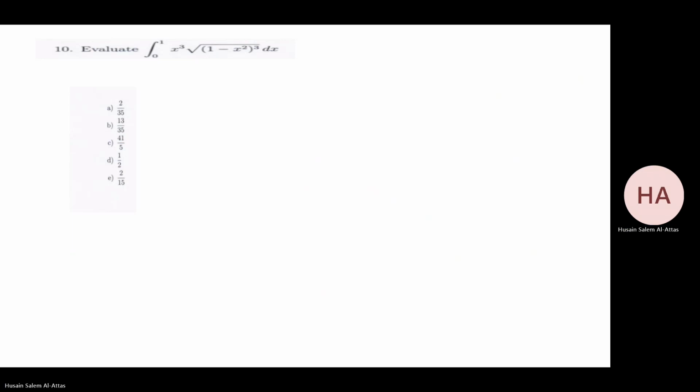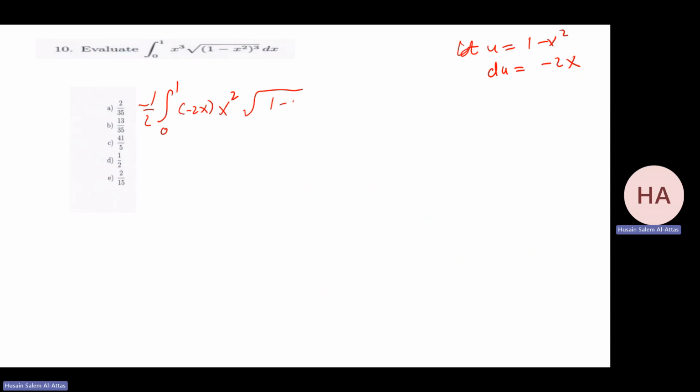Evaluate this. Okay. I will let u equal 1 minus x squared. Du will be what? Minus 2x. But I have x cubed. So I can write this one as minus 2x. So I need minus half outside times x squared times square root of 1 minus x squared cubed dx.